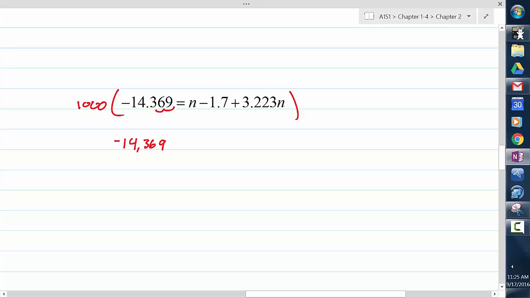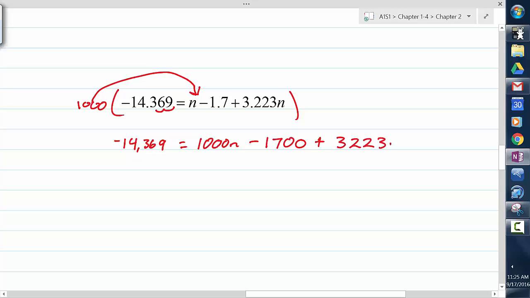14,369. What a lot of people forget to do is multiply by something that looks like it doesn't have a decimal place. You do have to multiply by that as well, so that's going to be 1000n, right? And then you multiply by the 1.7, that jumps 3 spaces, so that's minus 1700, and then plus 3223n.